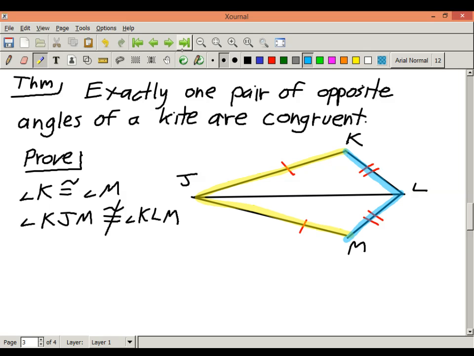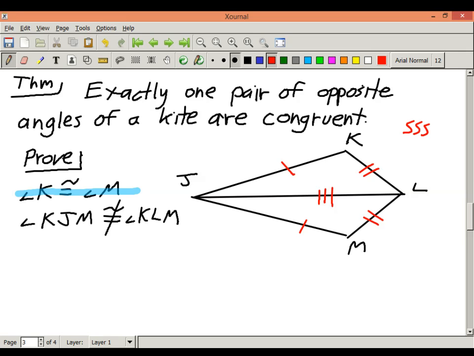The way we're going to do that is, first of all, for the first part, we're trying to prove that angle K is congruent to angle M. We're going to say that segment JL is congruent to itself. And so you can see the top and bottom triangles are congruent by SSS.